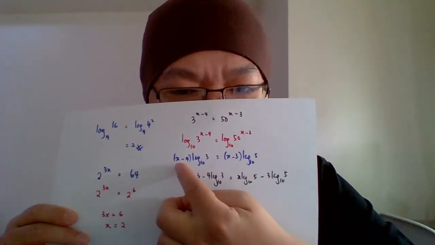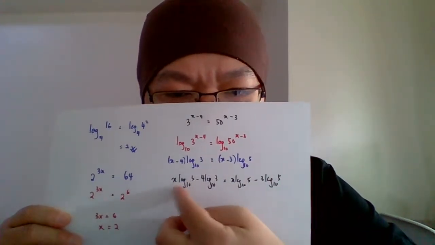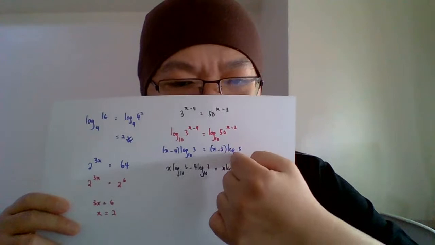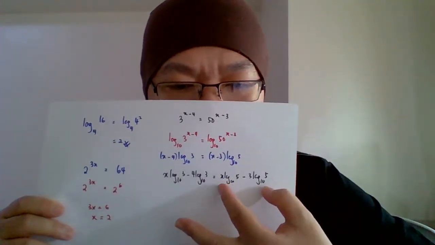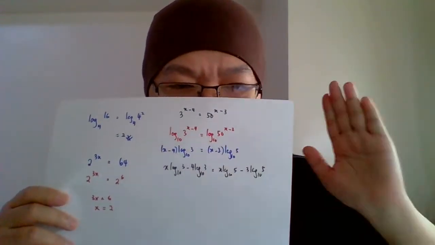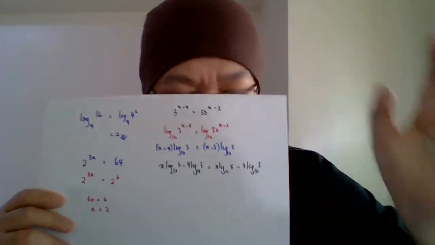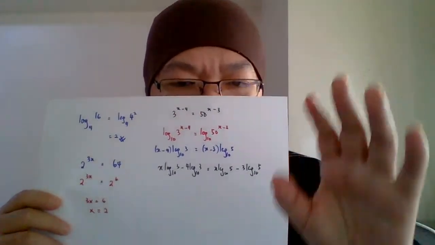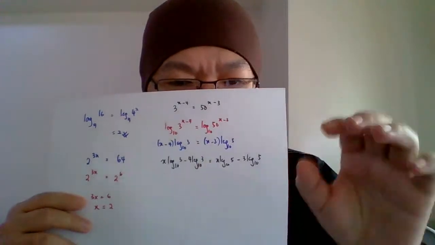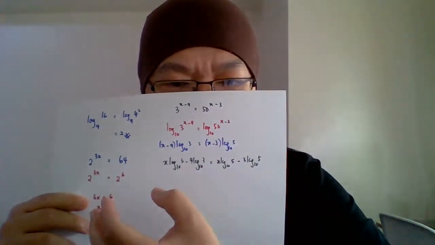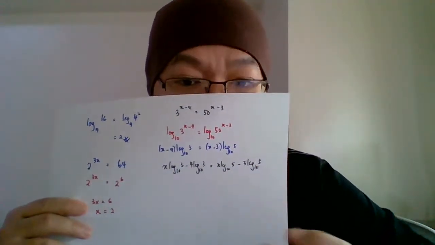I expand my x minus 4 with the log 10 of 3. I got this one. And x minus 3 log 10 of 5, I got on the right side. So what we need to do after this is regroup the x on one side and the numbers on the other side.